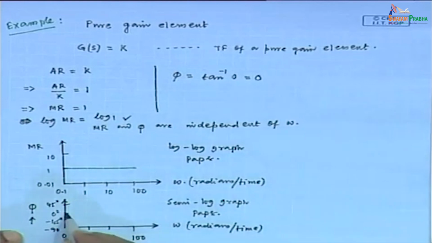And it looks like this. Fine. It is obvious that both magnitude ratio and phi are independent of omega. So, this is the Bode plot for the pure gain element.